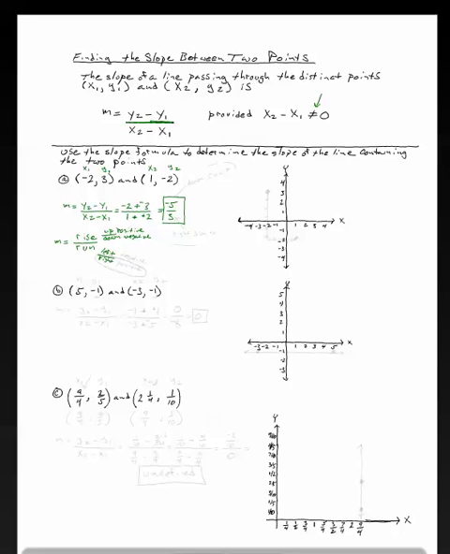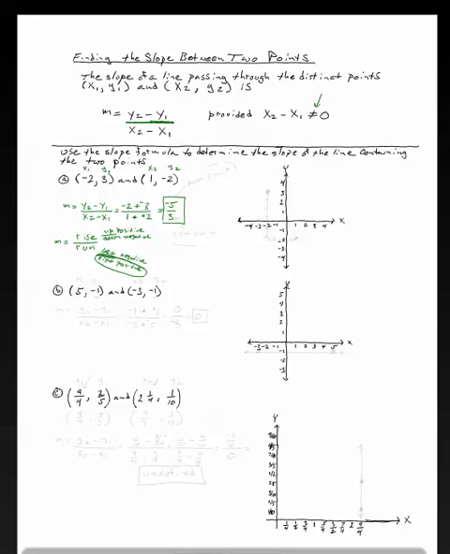You go left if it's negative, and you go right if it's positive. And if we have simplified right, then our run should always be positive, because we never want a negative sign in the denominator. So if we've simplified correctly, then we'll always be going to the right.